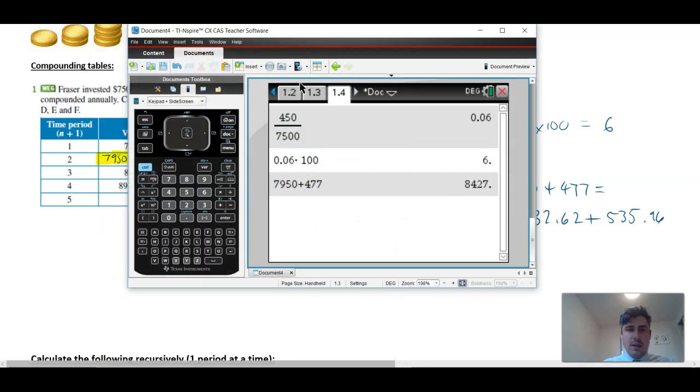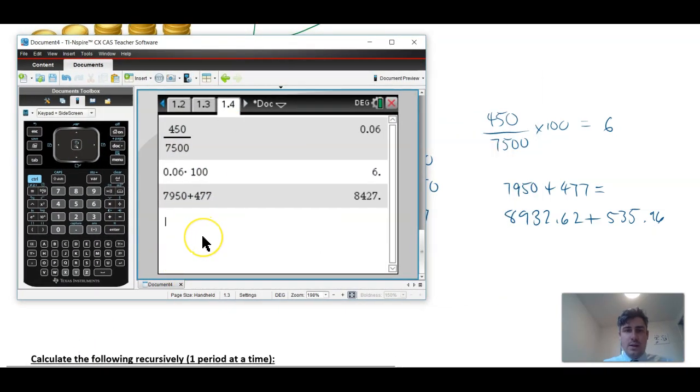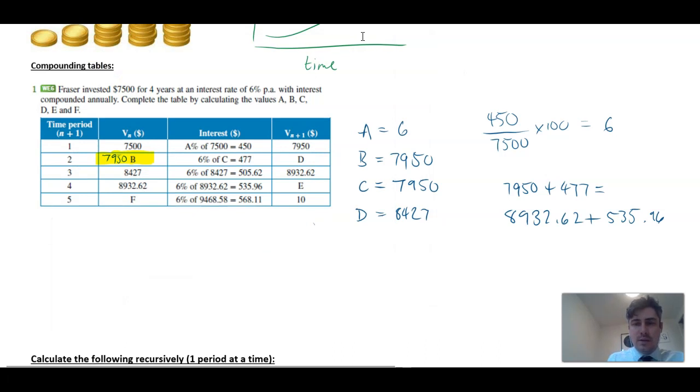So let's just put that in the calculator. 9469, so that's E. E equals 9469. And then lastly, that gets carried over to the next period.